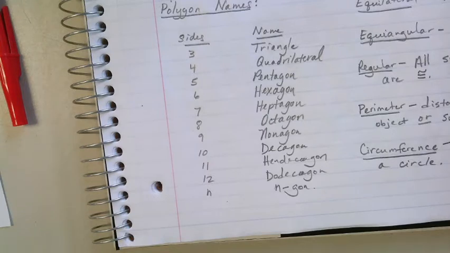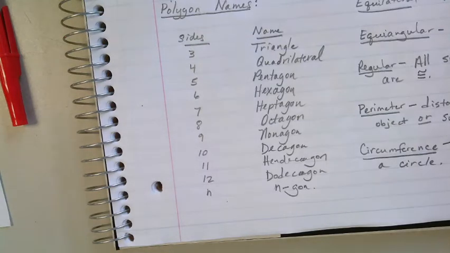Now, I'll have to see if hen is some sort of Latin for one, because when we go to 12, it says a dodecagon. Now we know do meaning two, and deca meaning ten, and so two plus ten is equal to 12. The last one is an n-gon. Now you might be thinking, why is an n-gon included in the polygon names here?